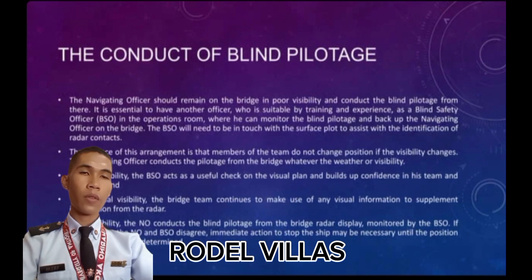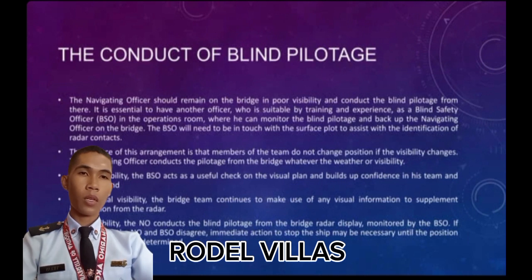The blind safety officer will need to be in touch with the surface plot to assist with the identification of radar contacts. The essence of this arrangement is that members of the team do not change position if the visibility changes. The navigating officer conducts the pilotage from the bridge whatever the weather or visibility.